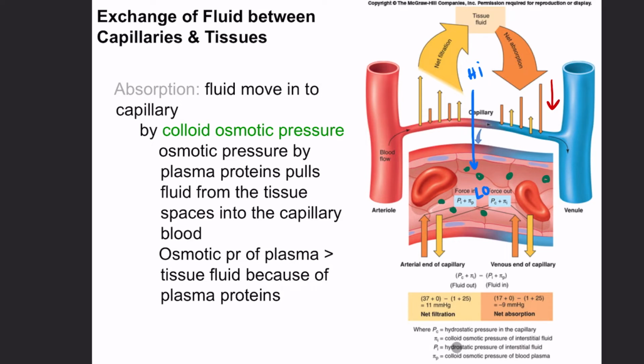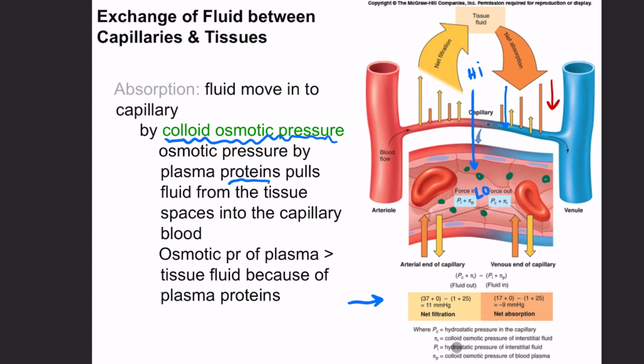This is due to colloid osmotic pressure. The word colloid just has to do with protein. And so this is going to make water be absorbed back into the capillaries. And so water or fluid is going to push back into our capillaries here. And so if you think about the pressure of blood within the capillaries, it is going to equal the pressure going out versus the pressure going in.